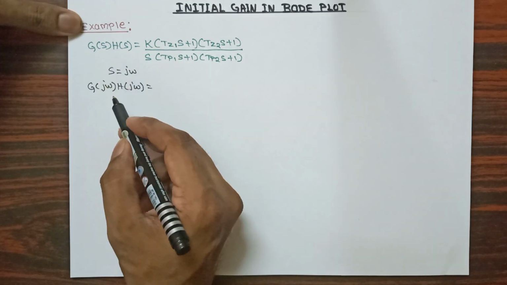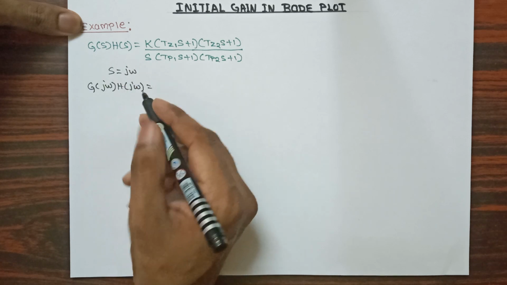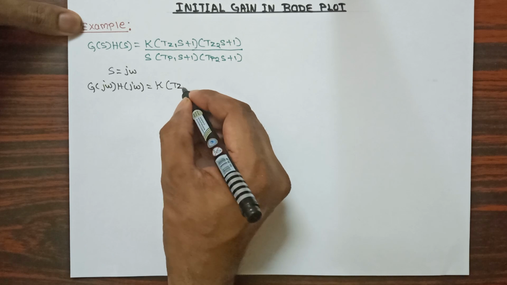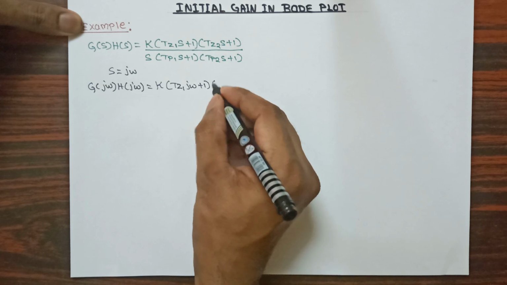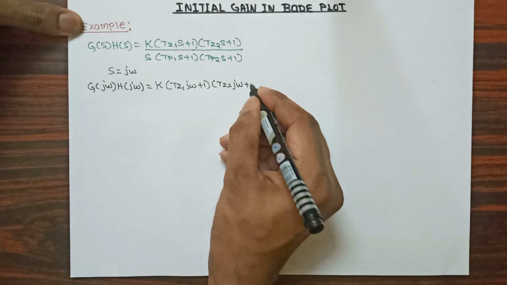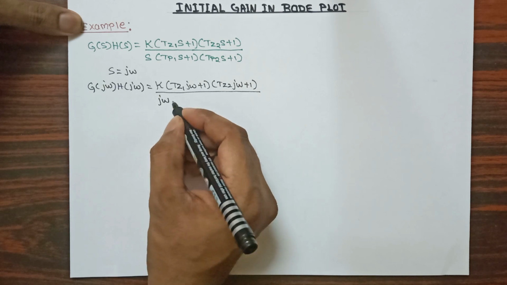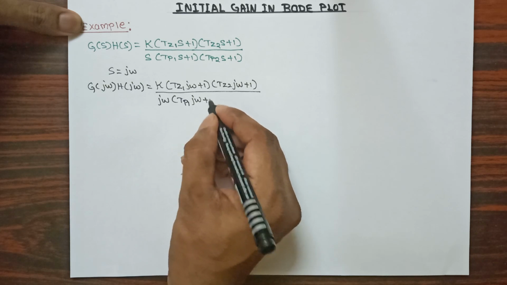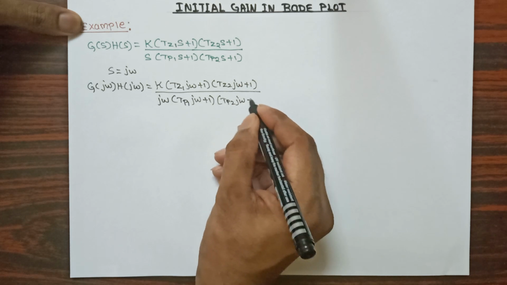G(j omega)H(j omega) is equal to K as it is, and then in the numerator, Tz1 as it is, s replaced with j omega plus 1, and Tz2 as it is, s replaced with j omega plus 1, divided by, in the denominator, s replaced with j omega, into Tp1 as it is, s replaced with j omega plus 1, and Tp2 as it is, s replaced with j omega plus 1.